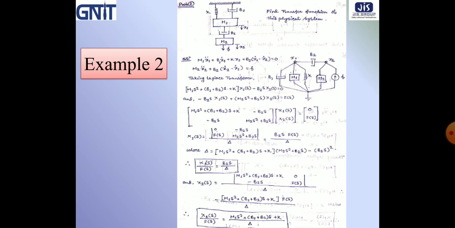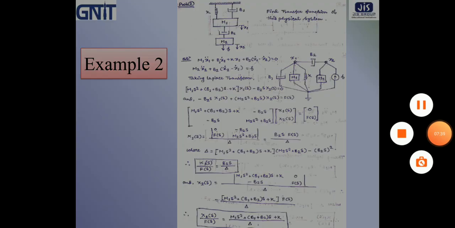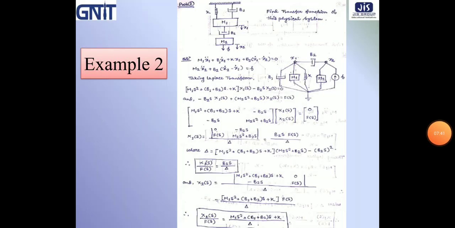Now first consider node 1, that is node x1. With node x1, which elements are connected? B1, M1, K, and B2 are connected with x1.